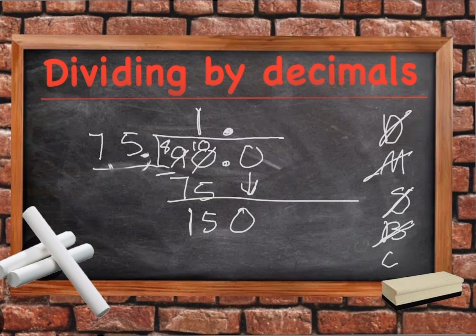So 75 times 2. Well, 2 times 5 is 10. We put the 0 and put the 1 on top. Now 2 times 7 is 14, plus 1 is 15. Oh my god, that's an exact answer, 150.